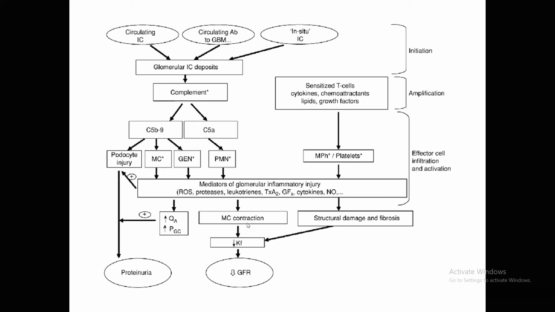Mesangial cell contraction will contribute also to the reduction of the glomerular filtration rate, while the damage to the podocyte especially will contribute to proteinuria.